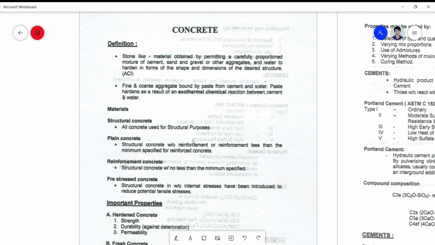So the focus of the second definition is on the reaction, which is exothermal, which means it releases heat as soon as the cement particles react with water.